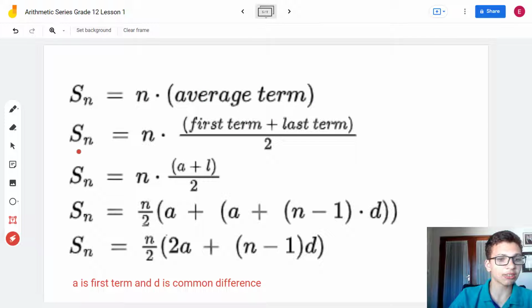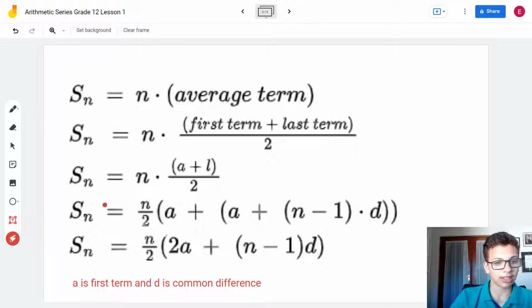And as we said in the example, how do we work out this average? We would say the first term plus the last term divided by 2. So we have n times the first term plus the last term divided by 2, and that equals n times a plus l over 2. So a is going to be the first term and l is going to be the last term.